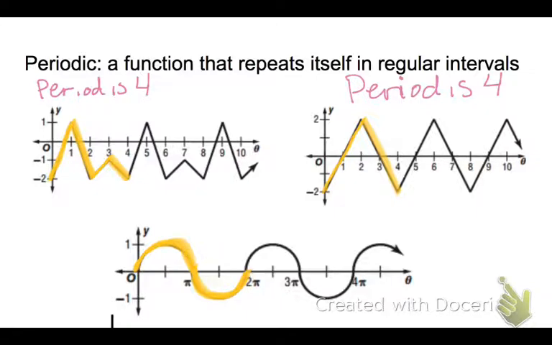Okay, above the axis, below the axis. And so the period for a sine function is 2 pi. That would be the length of one complete cycle, one wave, one interval before it starts repeating, whatever you want to call it.